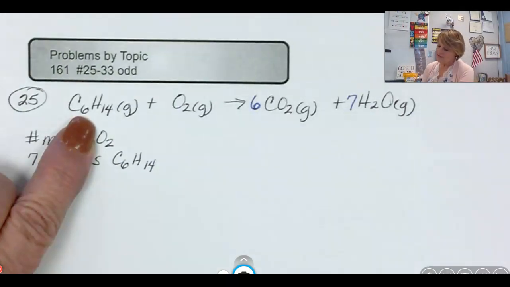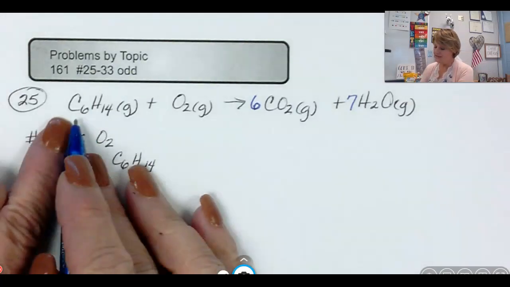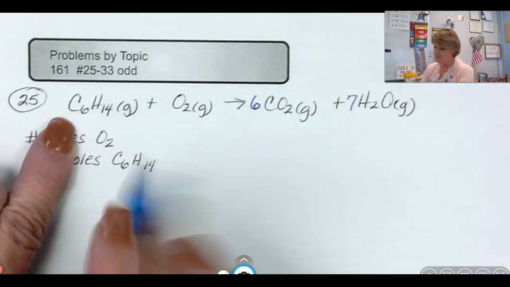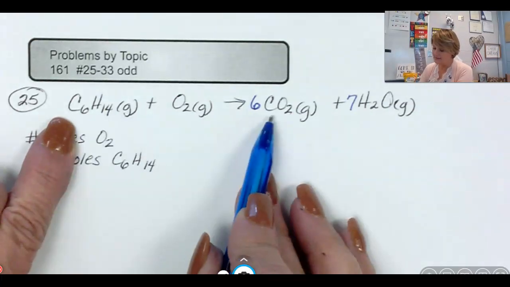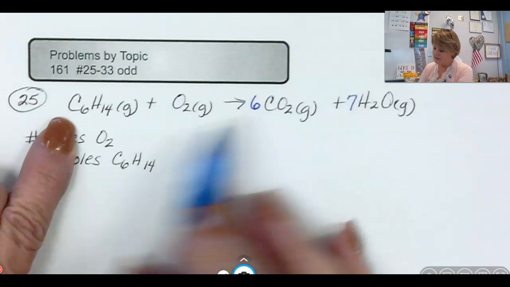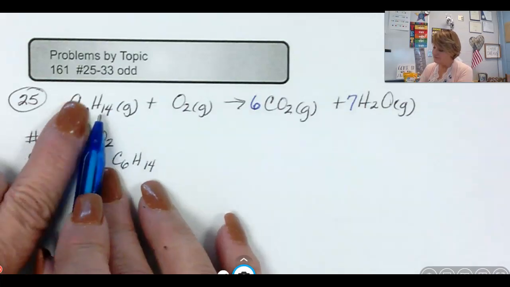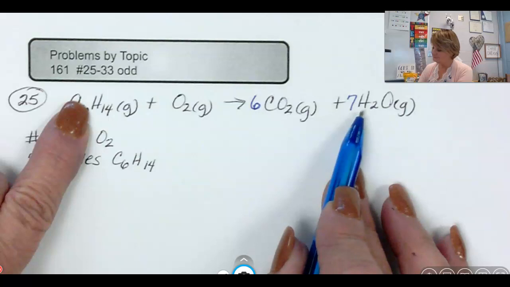Okay, so hopefully you've already got your equation balanced, but I want to back up and do a quick talk about something that happens as you start balancing. The first thing is when I do my carbon, and this is just me, maybe you went about it a different way, but I looked at my carbon and I knew that there needed to be 6 carbons. I looked at my hydrogens and I knew there needed to be 14, so I put a 7.